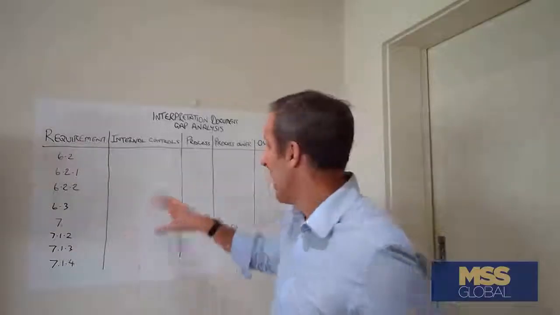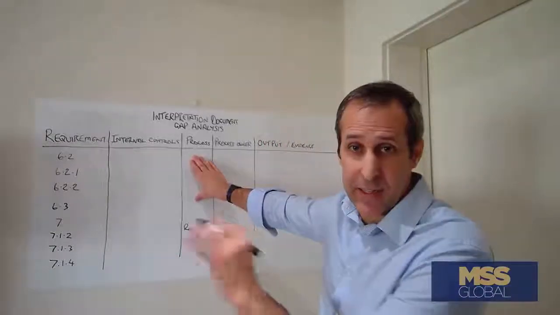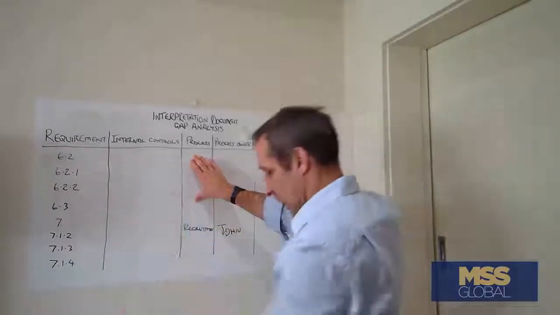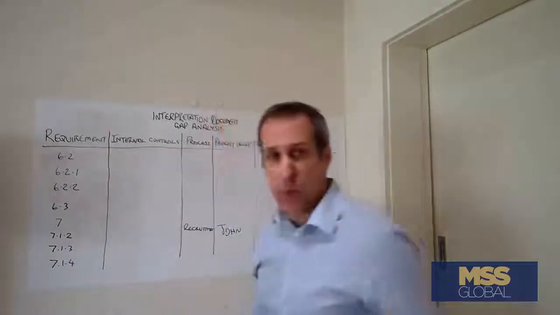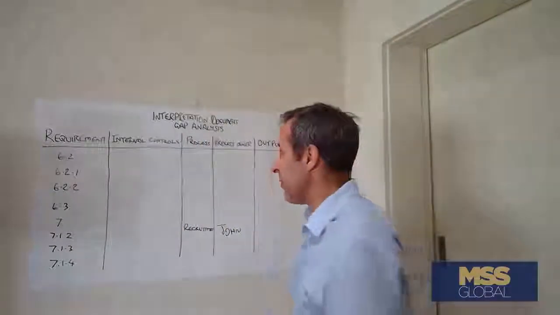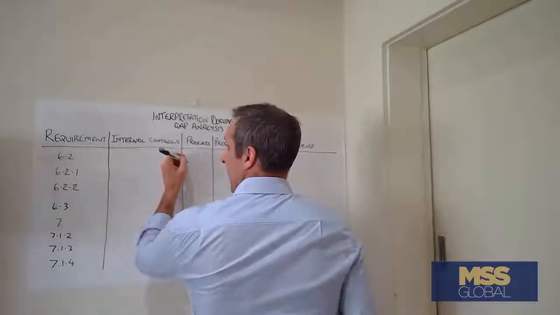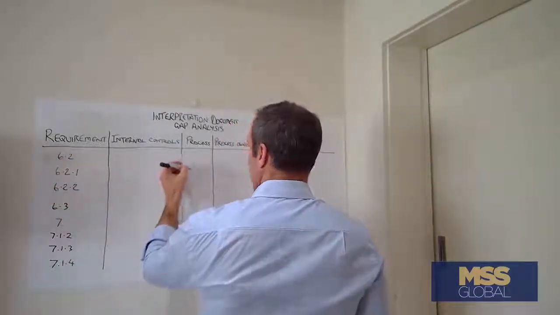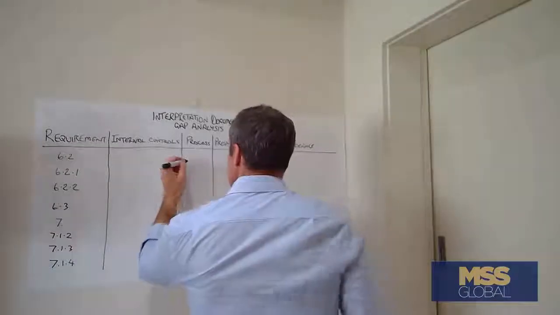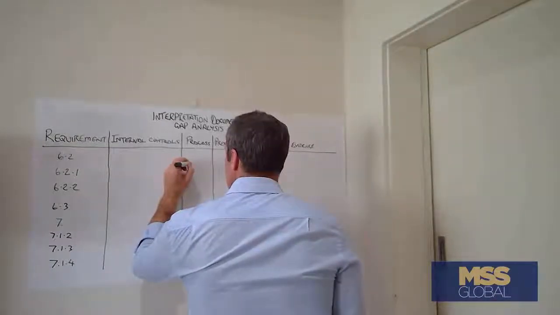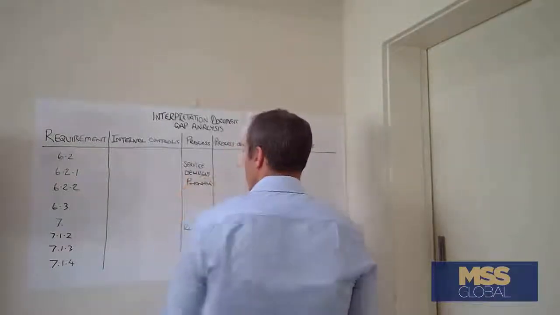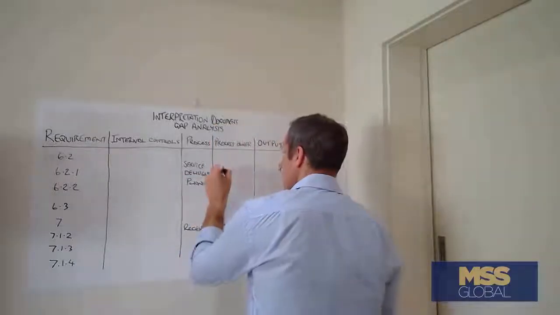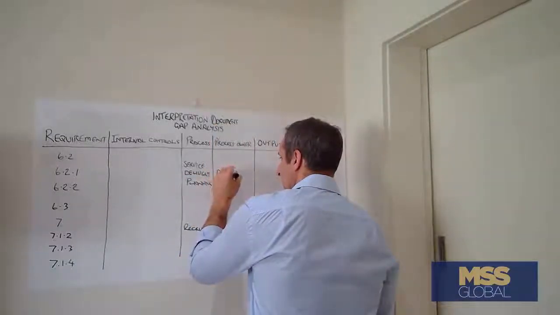In much the same way, I can put in the processes that relate to these other clauses. 6.2, we're looking at objectives and plans to achieve them. So we might be looking at the business planning process for the whole of 6.2, 2.1, 2.2. In big handfuls, service delivery planning, and the owner is Mark.